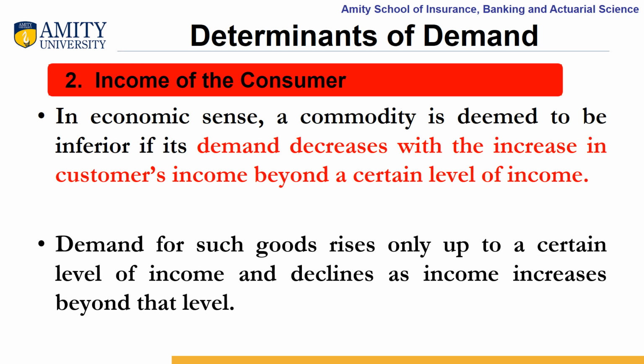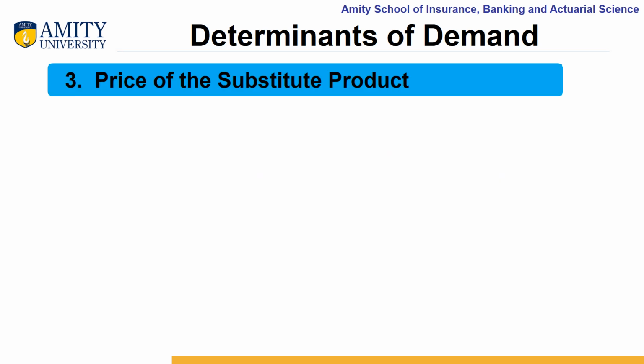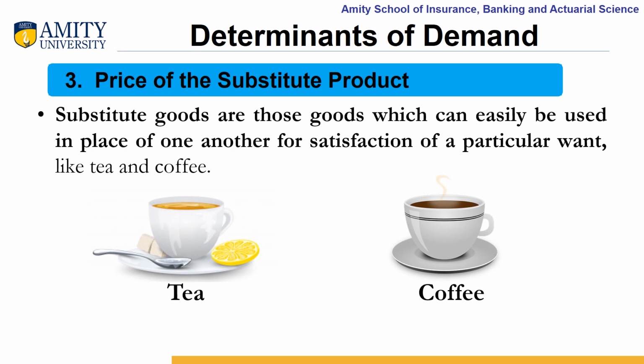Let us now understand how the changes in the prices of the substitute product affect the demand of the commodity. Substitute goods are those goods which can be easily used in place of one another for satisfaction of a particular want. For example, tea and coffee.